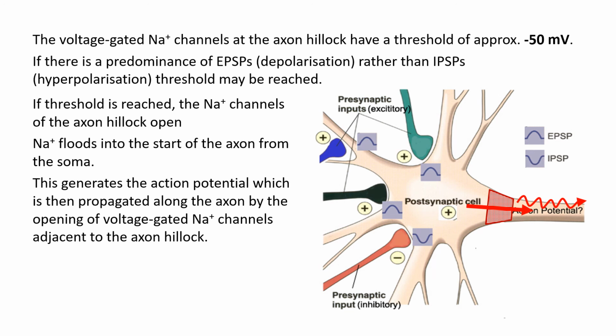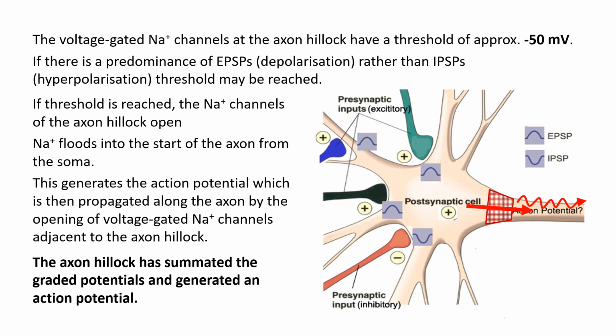This action potential is then propagated along the axon by the opening of voltage-gated sodium channels that are adjacent to the axon hillock. And then, of course, it will open the next sodium channel, and so on and so forth. And we have an action potential marching off along the axon in one direction towards an axon terminal.